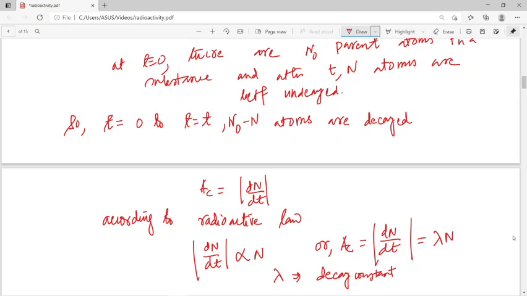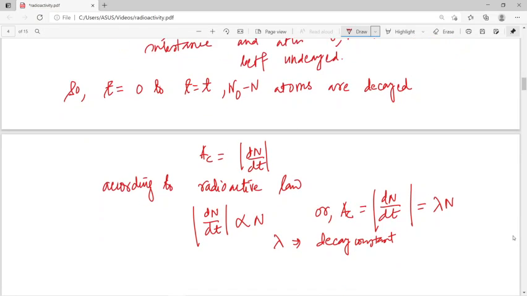The value of the decay constant differs from element to element. If lambda is high, the element will have a high value of activity, and if lambda is less, the activity will be relatively less.